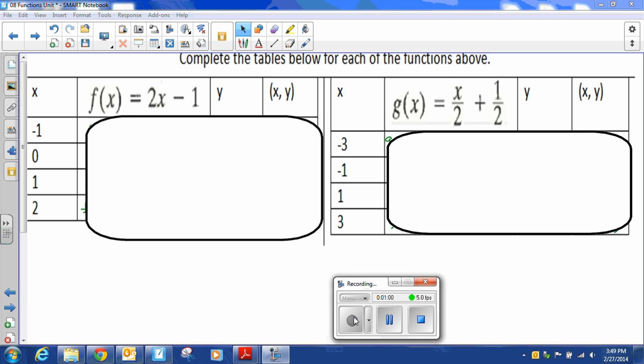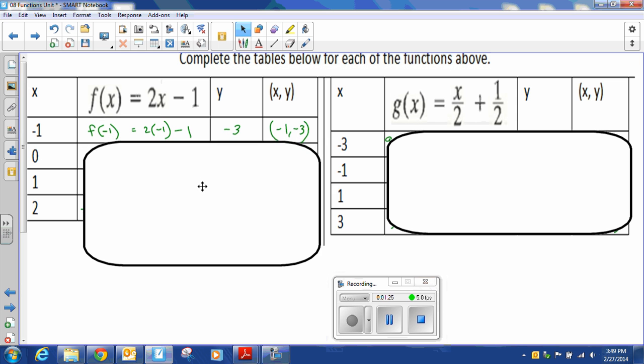Okay, next slide. We're going to go ahead and complete the tables below for each of the functions above it. So we're going to look at the same functions that we did in the do now, 2x minus 1 and x over 2 plus 1/2, and we will evaluate the domain here. In other words, we're going to take all these input values and find a y value associated with it, and then come up with an ordered pair.